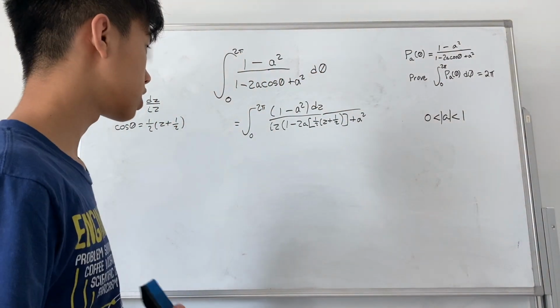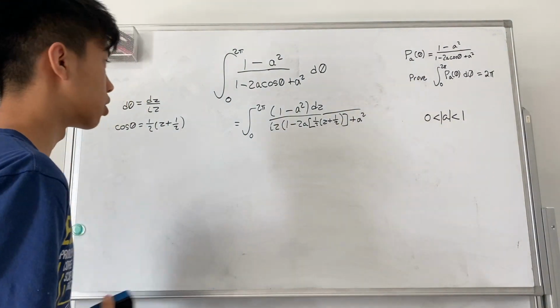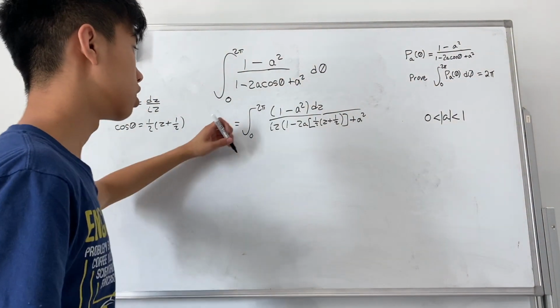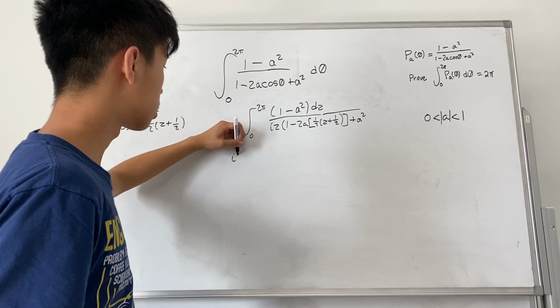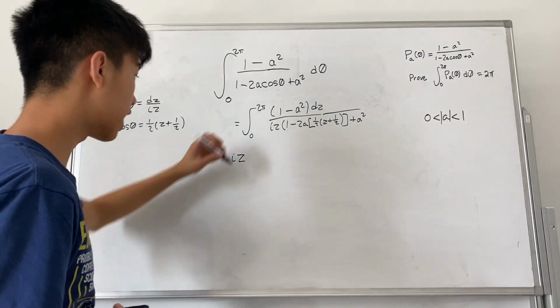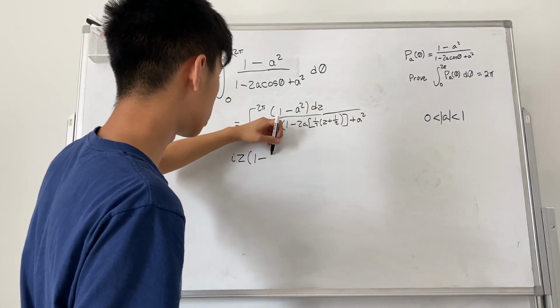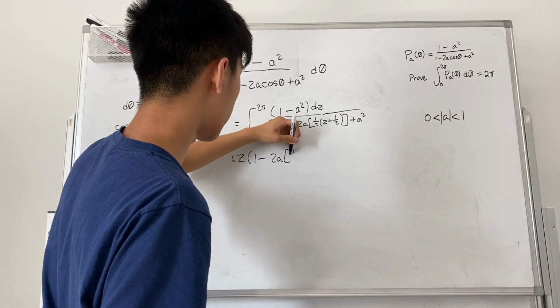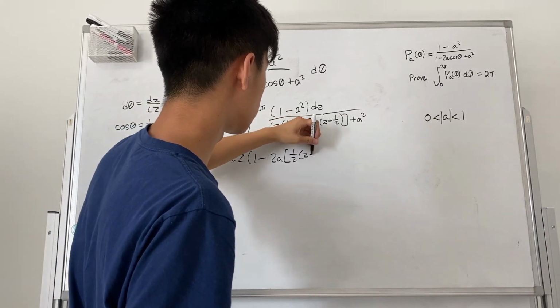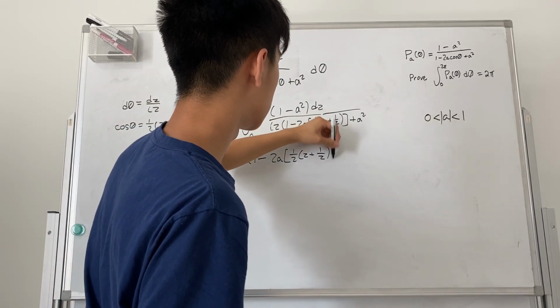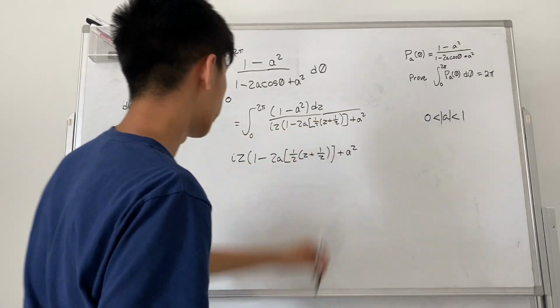So now we'll just analyze the denominator, because the denominator is kind of annoying to deal with. So the denominator is iz times (1 minus 2a times 1 half times (z plus 1 over z) plus a squared). One mouthful.